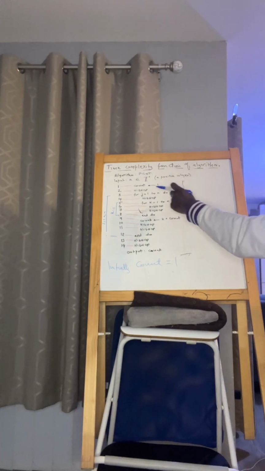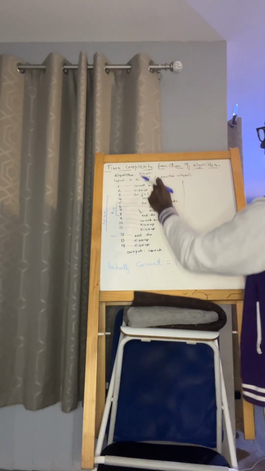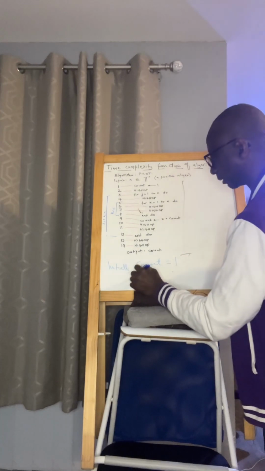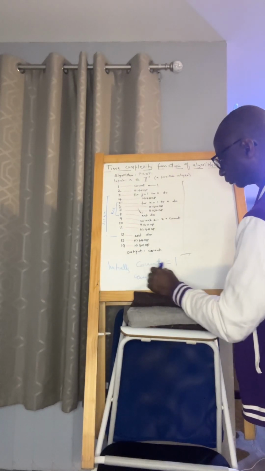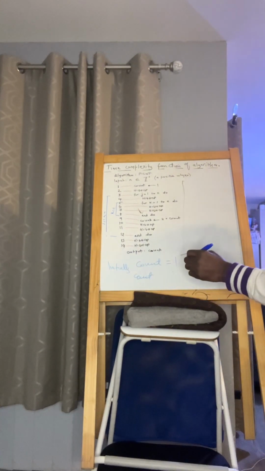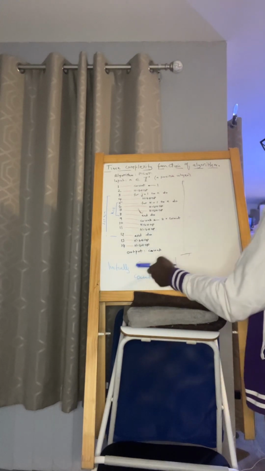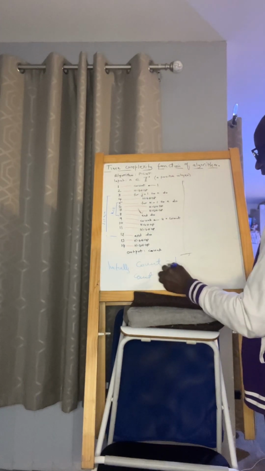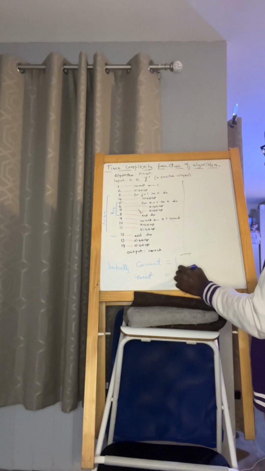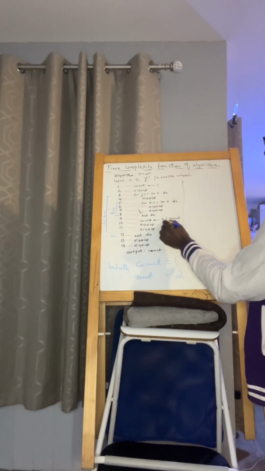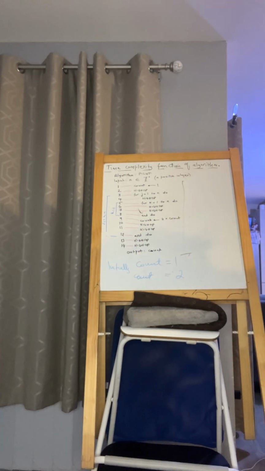So initially, count 1 is assigned to 1. Now count 2 is assigned after iterations. Count is now assigned to 2 times count.